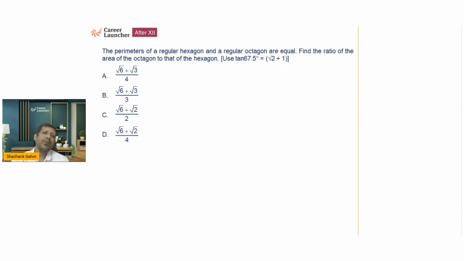Okay. Now the perimeters of a regular hexagon and a regular octagon are equal. So if perimeters are the same, then we know the concept is, and we are talking about only regular shapes, if perimeter is the same or constant, then more number of sides will give you more area.